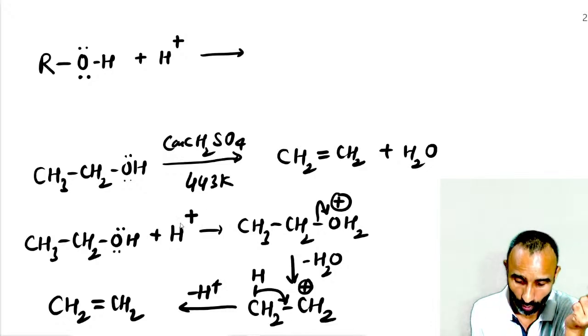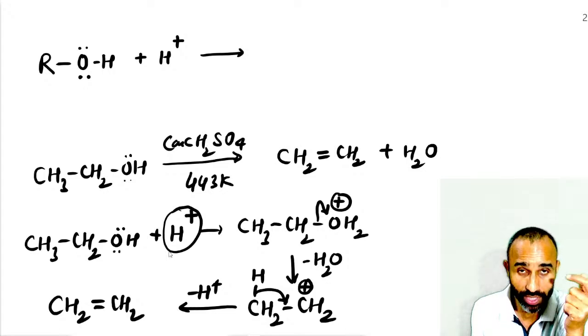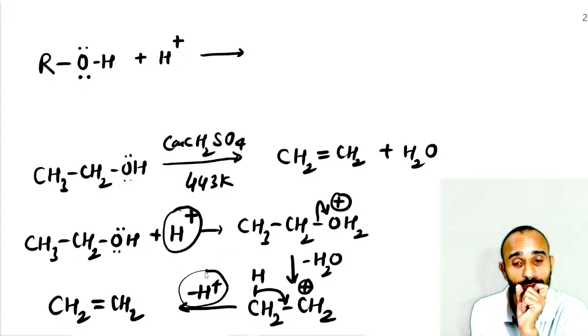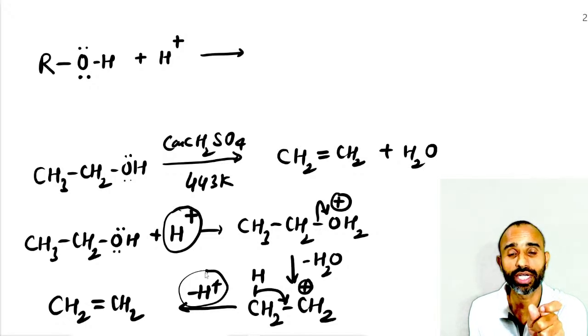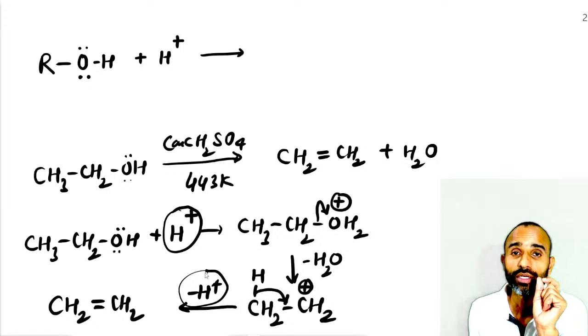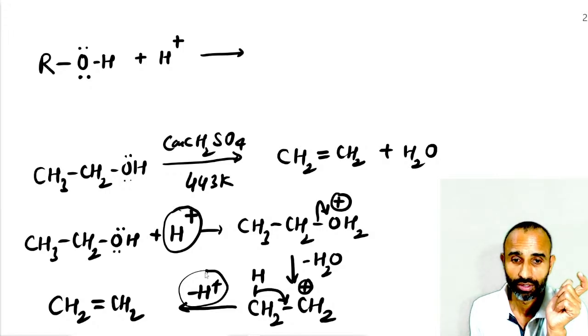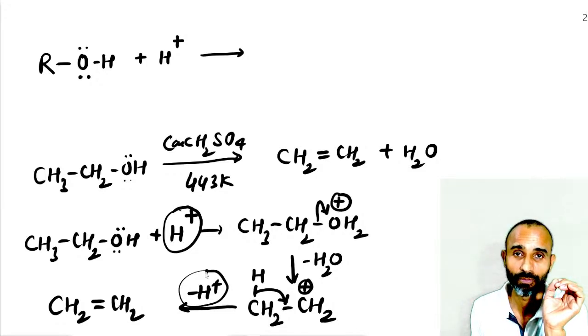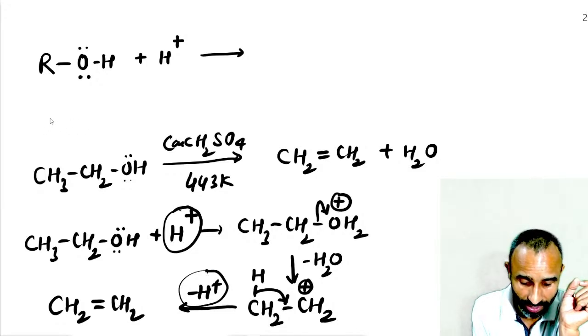So in short, the H plus ion used in the first step is removed in the other step, and that's why concentrated H2SO4 is a catalyst, and this is called catalytic dehydration, acid catalyzed dehydration.